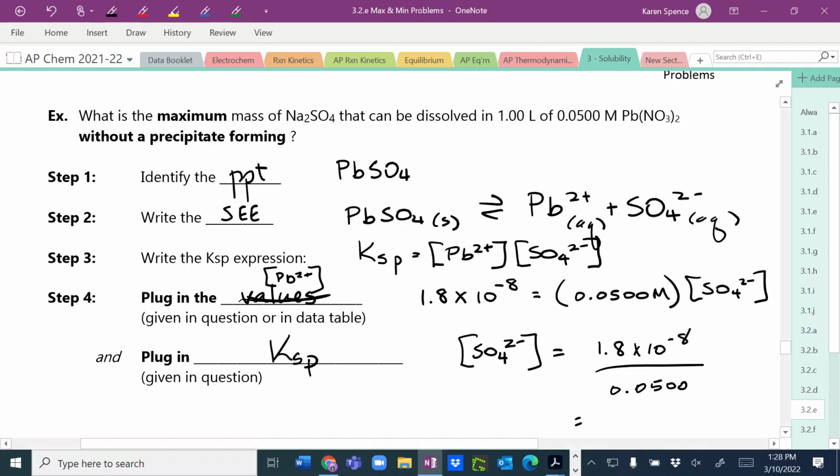I want to get rid of my molarity because that's not happy in a KSP. 3.6 times 10 to the minus 7 molar.